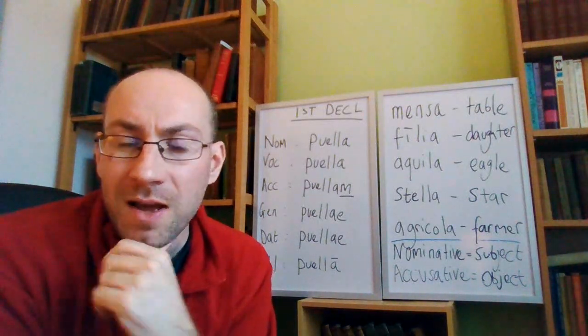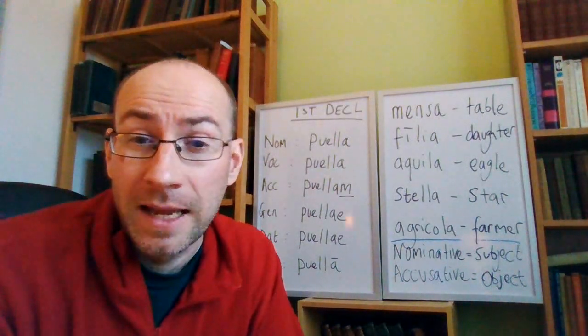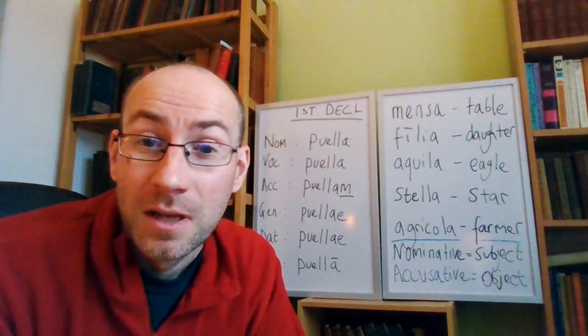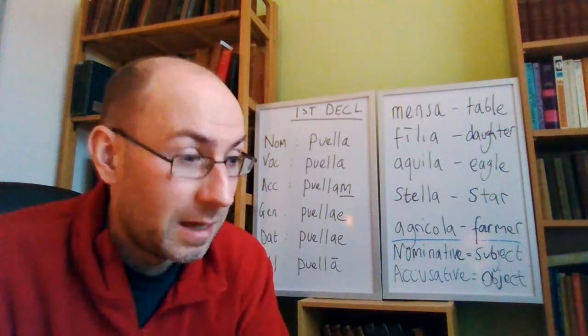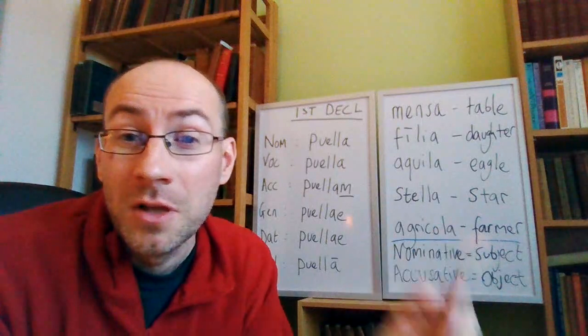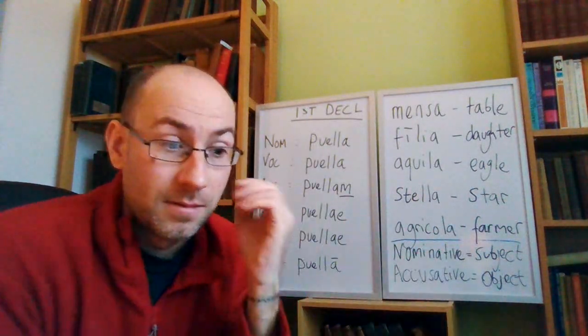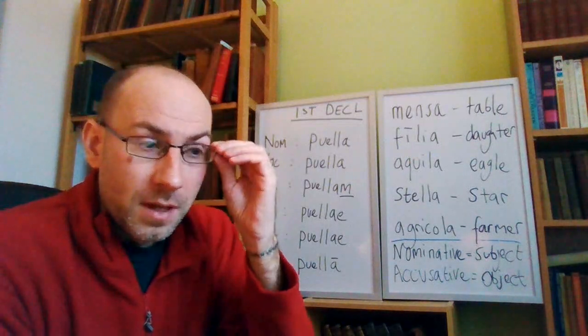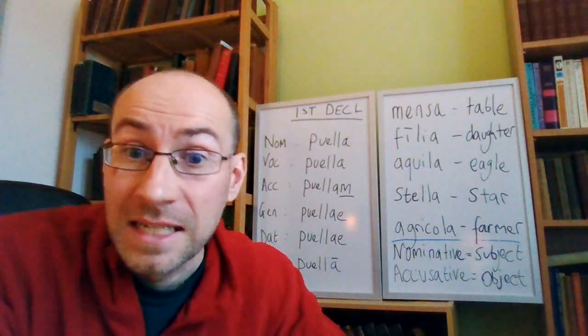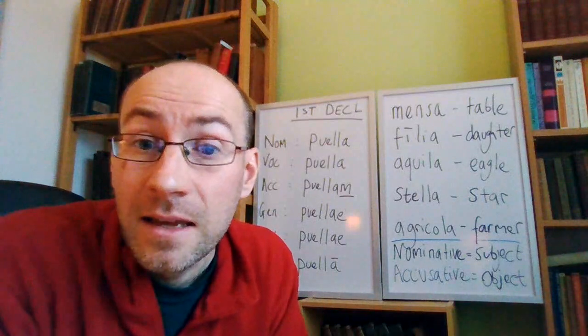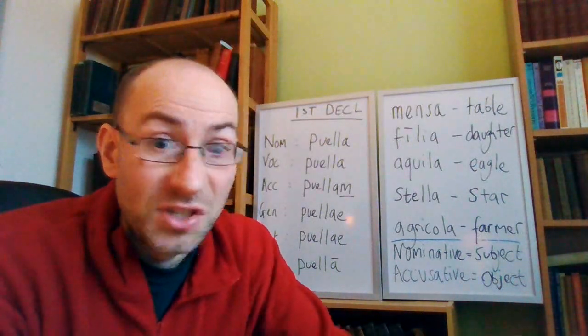Nominative, the first one. I like to think of this as the normal case. It's the starting point. If you look up a word in a dictionary, in the Latin, it will always give you the nominative case. The basic case. If something just is, the girl. The girl is clever. The girl is here. Well, it's just she, isn't it?